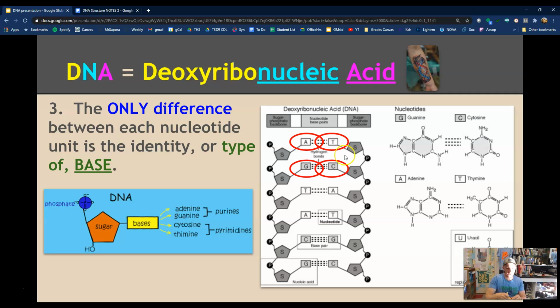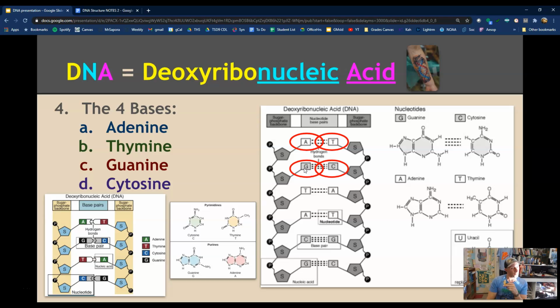Notice the colors here, the bases are different. There are 4 different bases, and you see those circled here. That is the part that varies and changes as you move up and down the DNA molecule, the type of base that is located there.